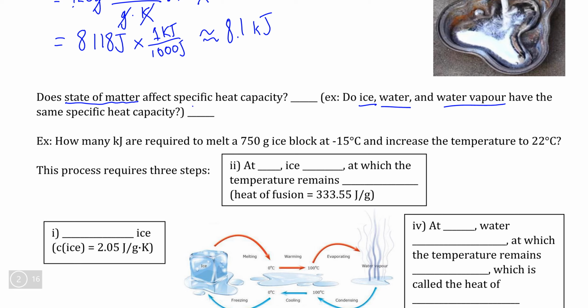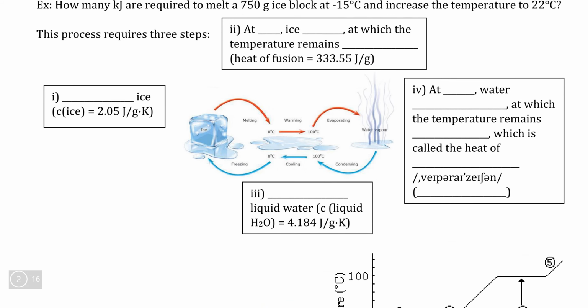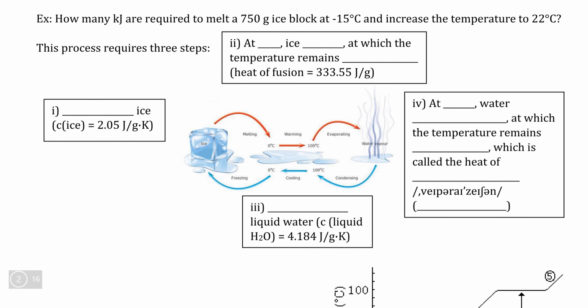Well, the answer to this is obviously going to be no. We know that air temperature changes a lot more quickly than water temperature does, so water vapor probably has a lower specific heat capacity than liquid water does, and conversely, ice will have a different specific heat capacity as well. So in answer to the question, does specific heat capacity get affected by state of matter? That's an obvious yes, and we can show this with our next application question here.